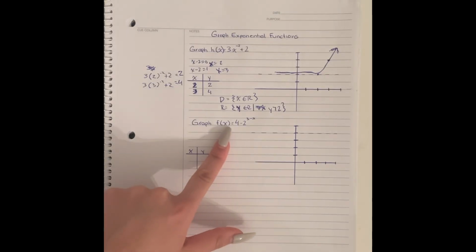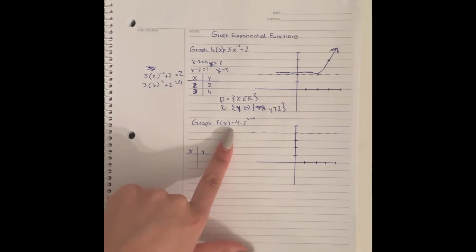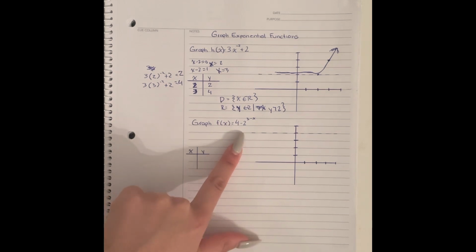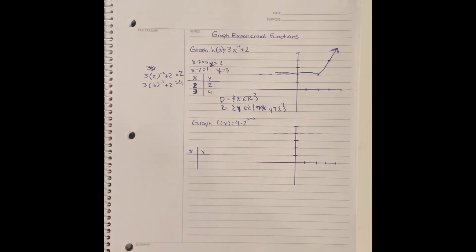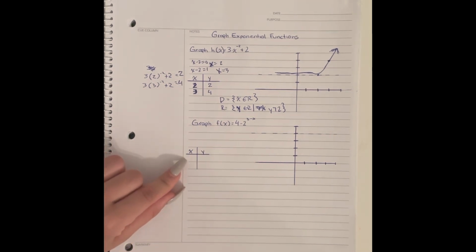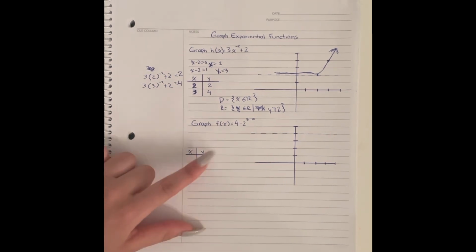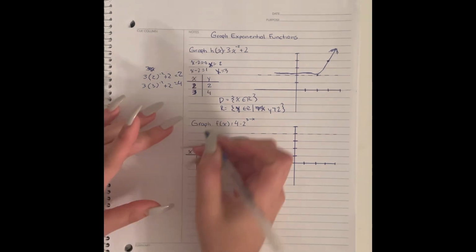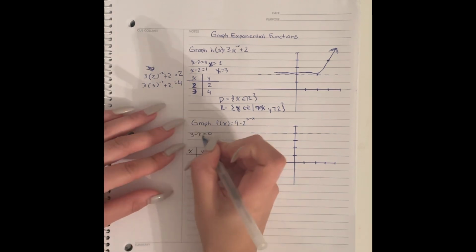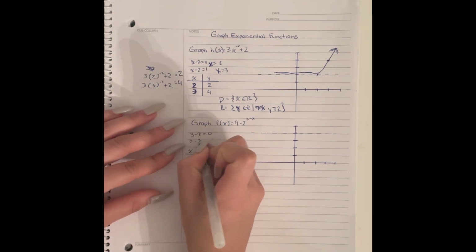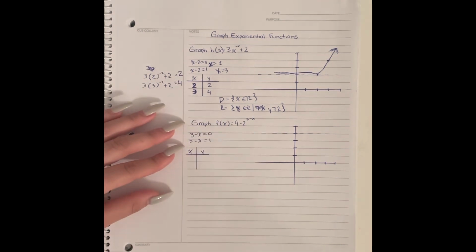So now we're going to graph this one. This is f of x equals 4 minus 2 to the power of 3 minus x. So again, I'm just going to take some x values to plot into the chart so I can fill it out with the y values. So I can do 3 minus x equals 0 for the first one, and 3 minus x equals 1.